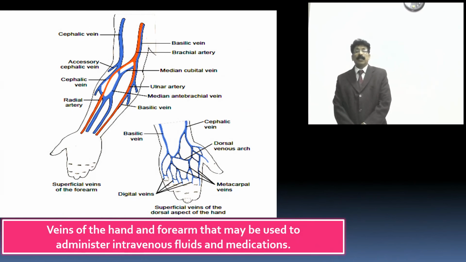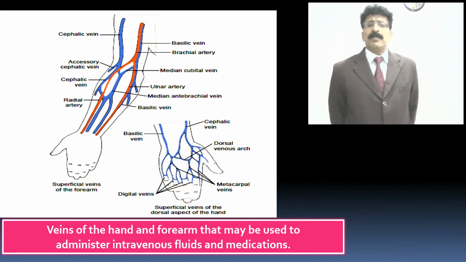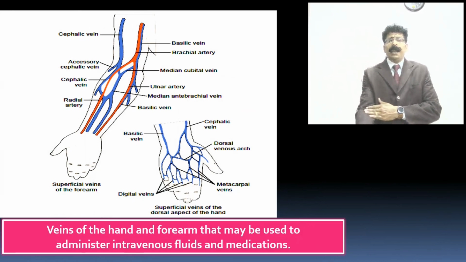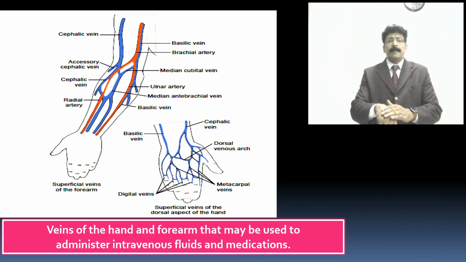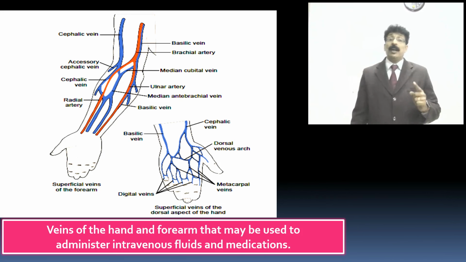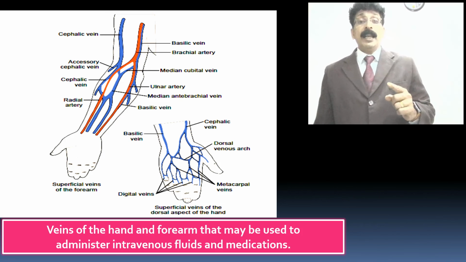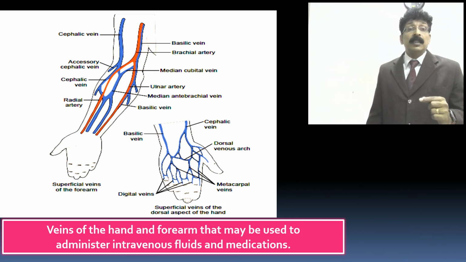For the intravenous injection also, I just want to show you where the veins are. Usually you might have seen the armpit area, or in the arm, or sometimes in this dorsal area. You can see the blue colored area, which is the cephalic vein.